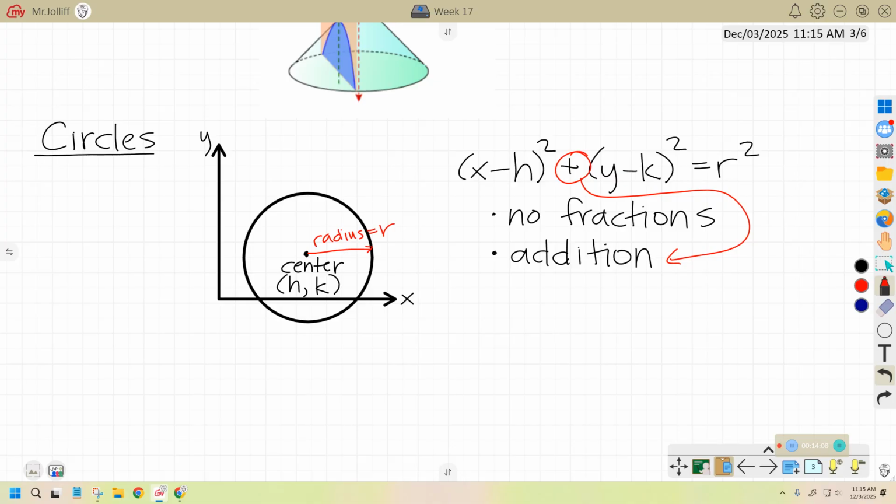Some of our conic sections will have subtraction between the two terms. So another way I can recognize a circle: no fractions, addition between the x and y terms. And the third thing that identifies it as a circle is that both the x term and y term are squared. Both x and y are squared.